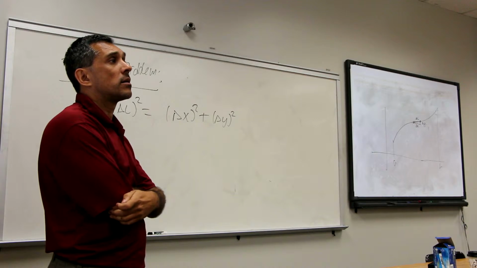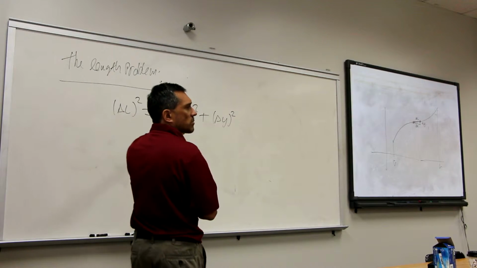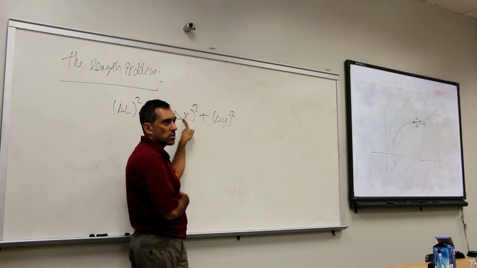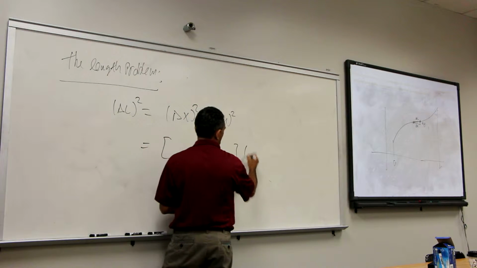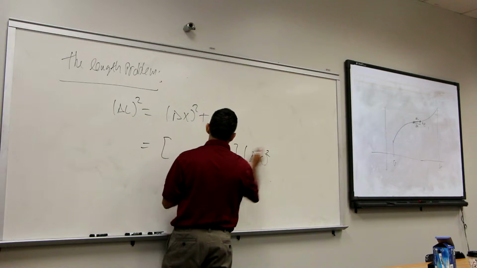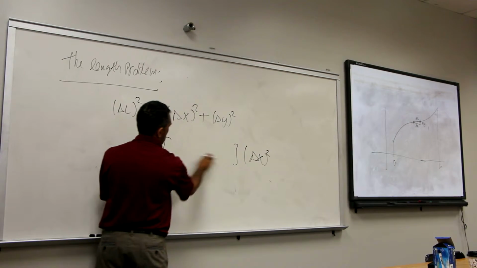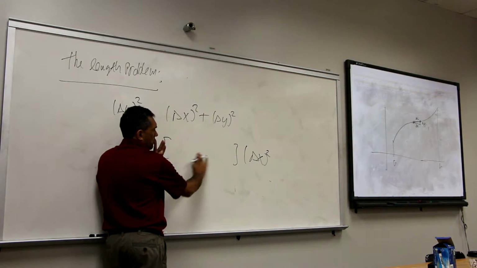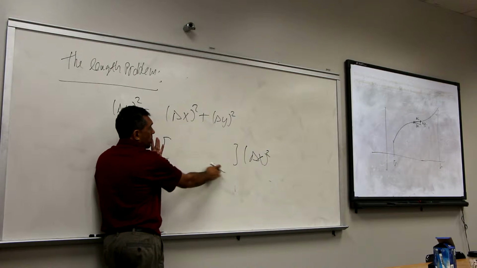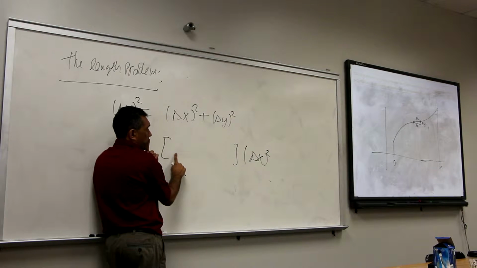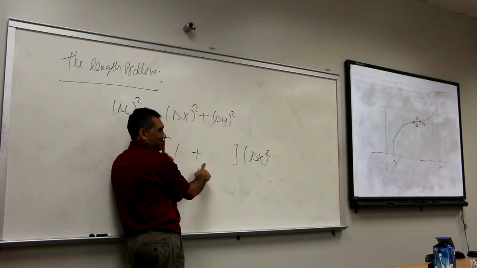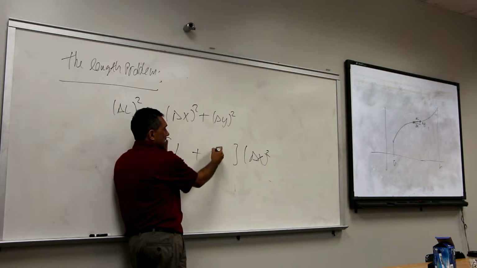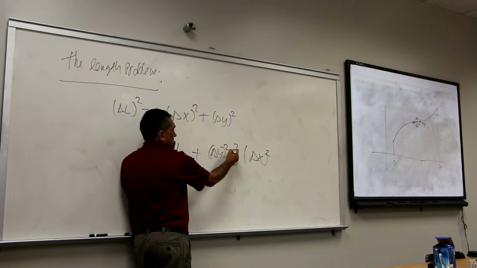Everyone with me? Now what I'm going to do is take a factor of delta x squared out. If I take a factor of delta x squared out, what does this become? 1 plus delta y squared over delta x squared.